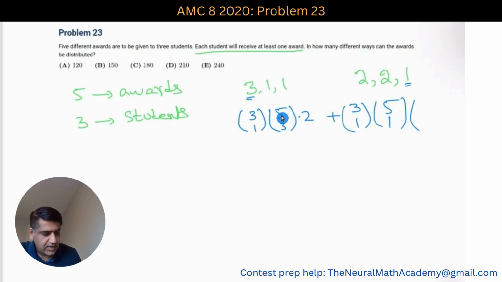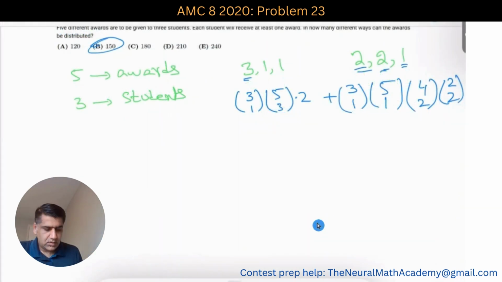So that is 5 choose 1. And next, the remaining 2 students can have 2 awards each. The remaining awards after choosing 1 are 4, so it is 4 choose 2, and then 2 choose 2.